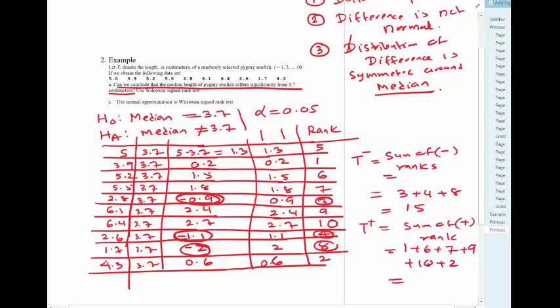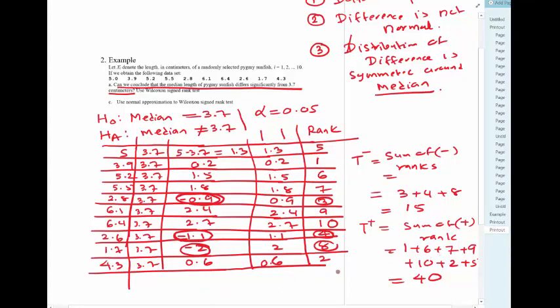That's going to be what? 12 plus 6, 18 plus 7, 25, 35. Did I do something wrong? Did I miss one? Oh, I missed 5. I had to add another 5. So it should be 40. Okay. So that's the rank.